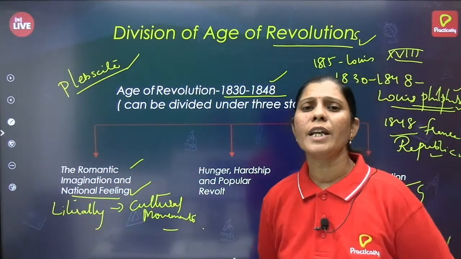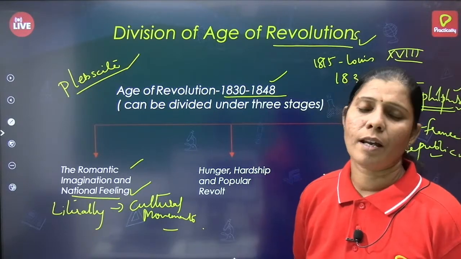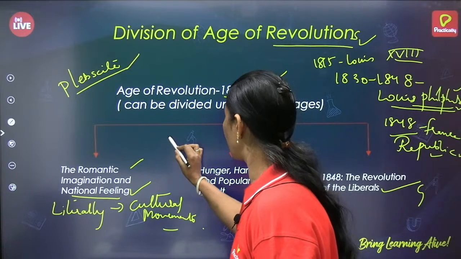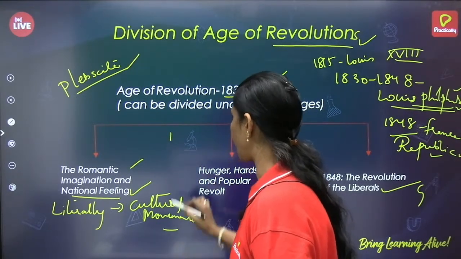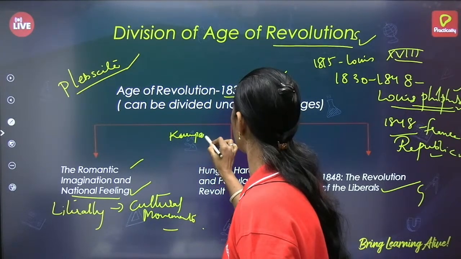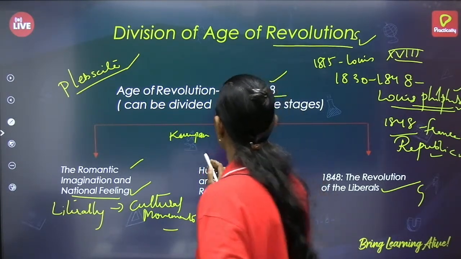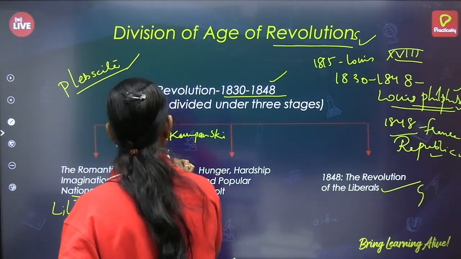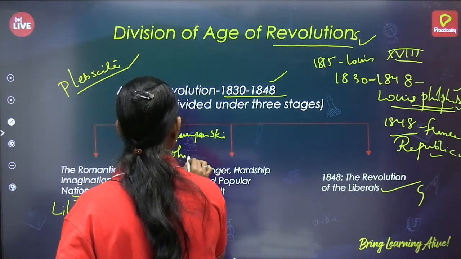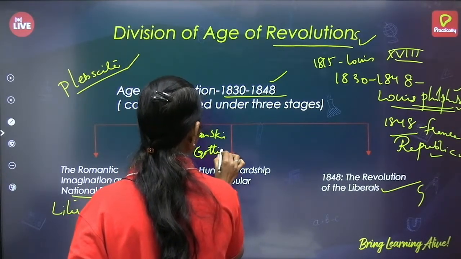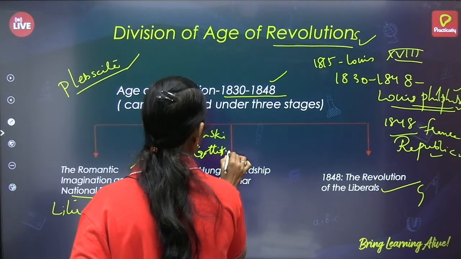Romanticism, many great persons wrote, like Kurpensky and Johann Gottfried.